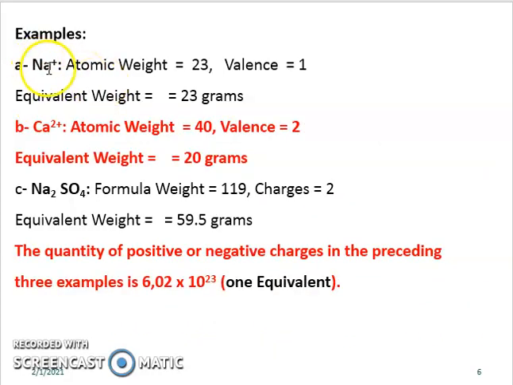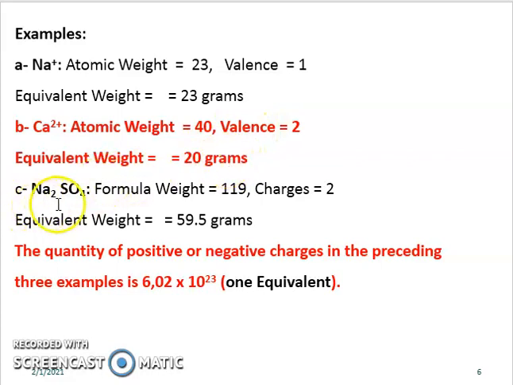So if you have sodium, for example, its atomic weight is 23, valence is 1, so equivalent weight is 23. Calcium has two positive charges, its atomic weight is 40, valence 2, and equivalent weight should be 20.